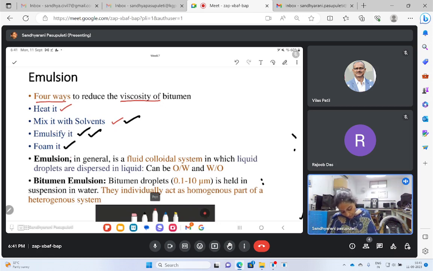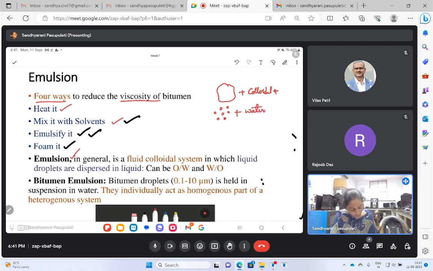If we talk about the emulsion, emulsion is a colloidal system. As I have already discussed, there is a bitumen. We put this bitumen into the colloidal mill. Then small bitumen particles will be formed and suspended in water.